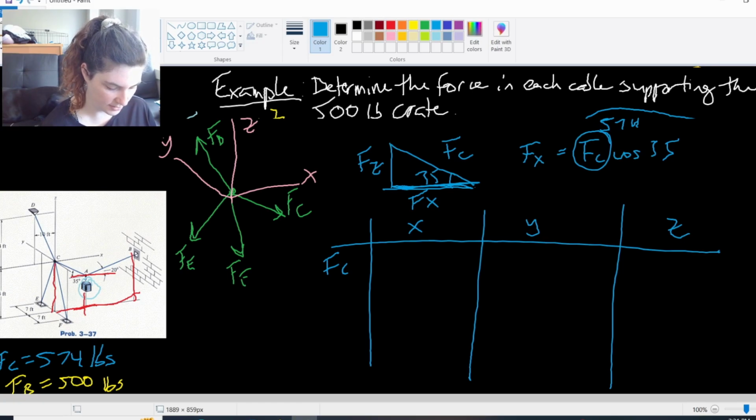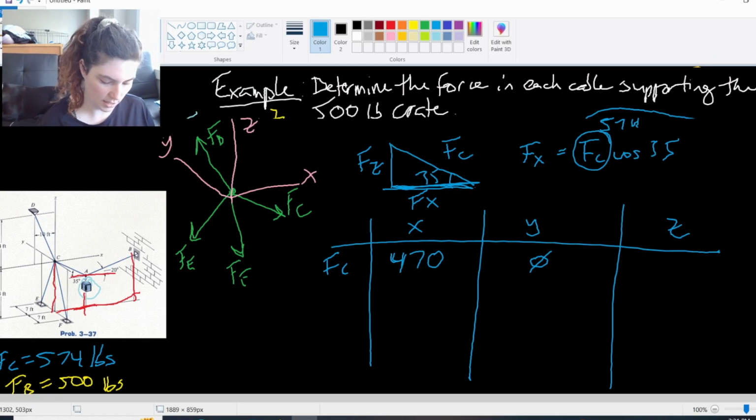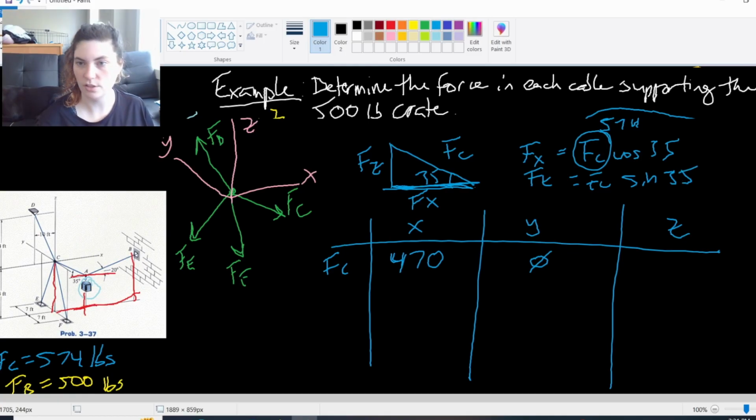Alright, so my FC is in the positive X direction. It was 470, so it's a positive 470. My Y, we said there was no Y component in this, right? It's entirely in the XZ plane, as we established in the beginning part of the problem. And then we have the z component, which is going to be FC sine 35.